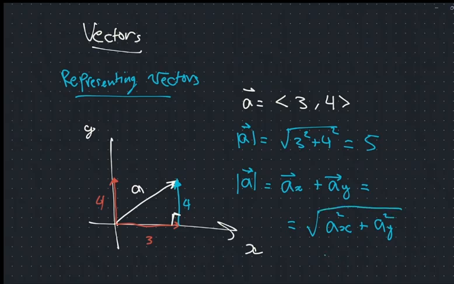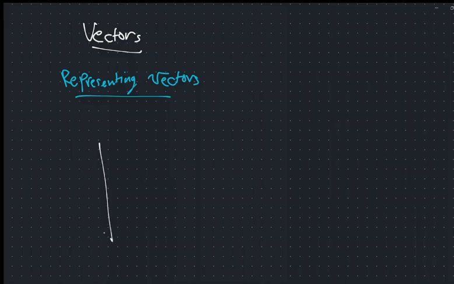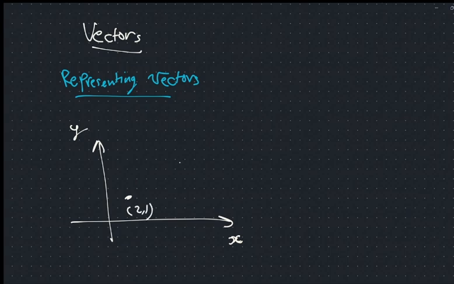And this is it. Let's have another situation here where we have, again, y versus x, and we have 2 points. We have a first point here, let's call it, for example, 2 and 1, and a point here which is 5 and, let's say, 4. And what we want to do is connect them by a vector.